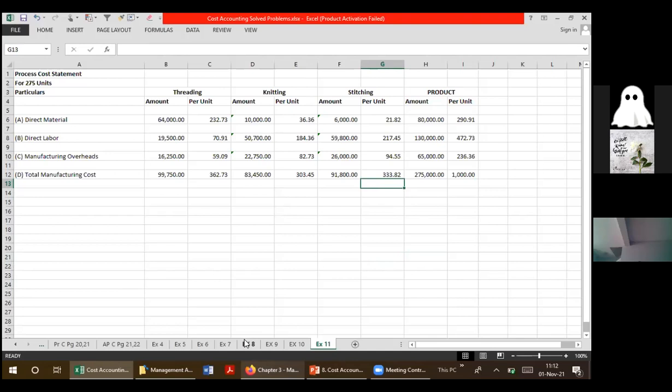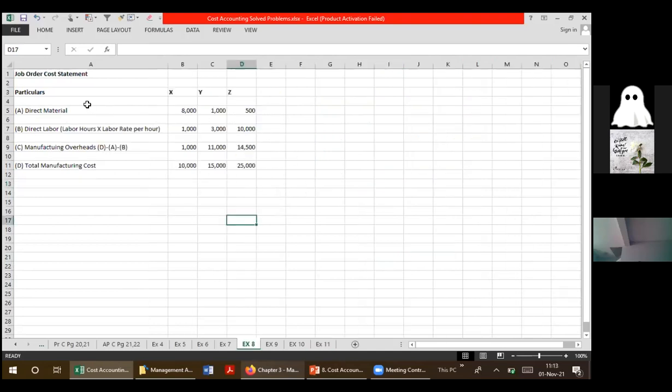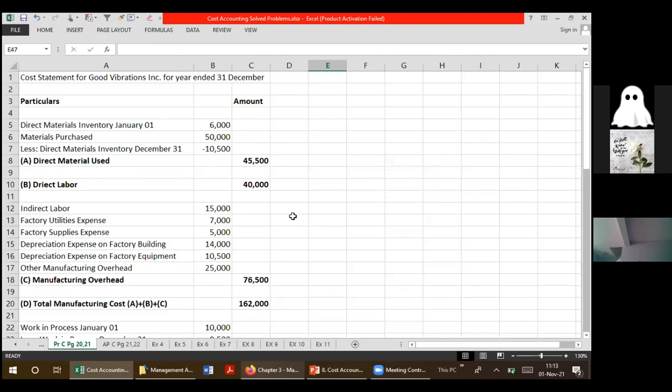There can be the opening cost and closing cost for every job cost statement, like the opening raw material, closing raw material, WIPs, finished goods for every job statement too. And there can be different manufacturing overheads. So we can make a much larger cost statement as we did for our problems before.